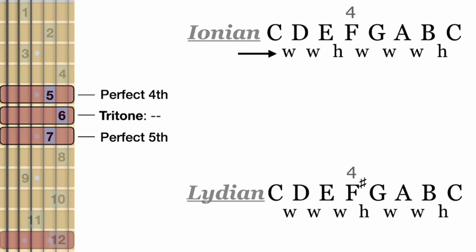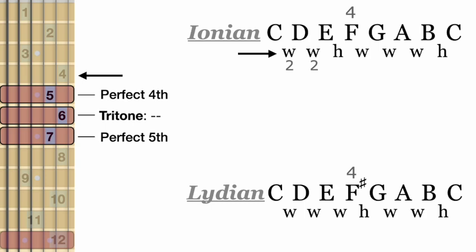First, we have a whole step from C to D, and that's 2 frets, so on our fretboard we move up 2 frets. Then from D to E, we have 2 more frets. Therefore, from C to E is 4 frets, and we know that E is a major third of C.